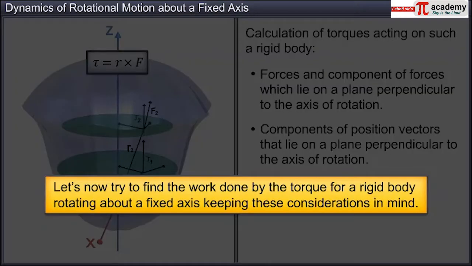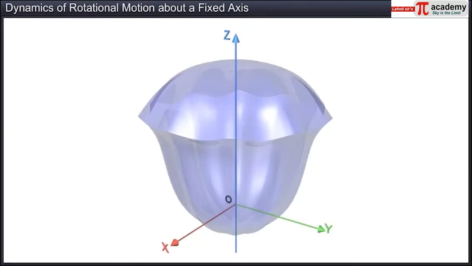Let's now try to find the work done by the torque for a rigid body rotating about a fixed axis, keeping these considerations in mind. Consider a particle in a rigid body located at P, with its position vector represented by r. The rigid body is rotating about the z-axis.